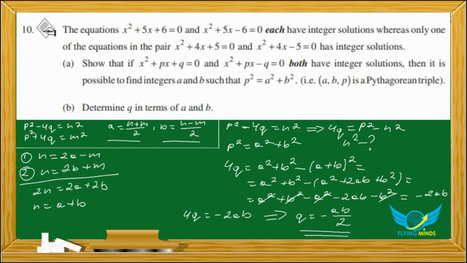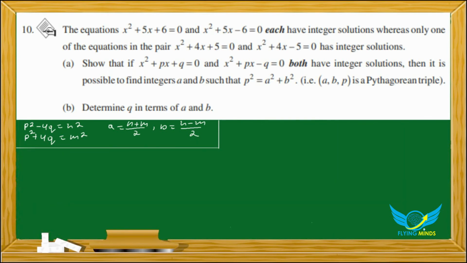We can use the second discriminant and see if we get to the same answer. Okay, we're going to try it. Now we're going to try the second discriminant, p squared plus 4q equals m squared.